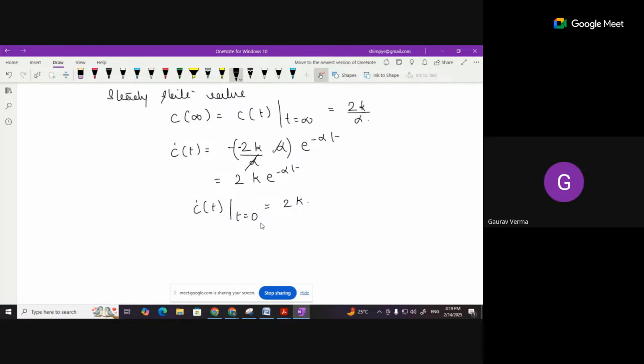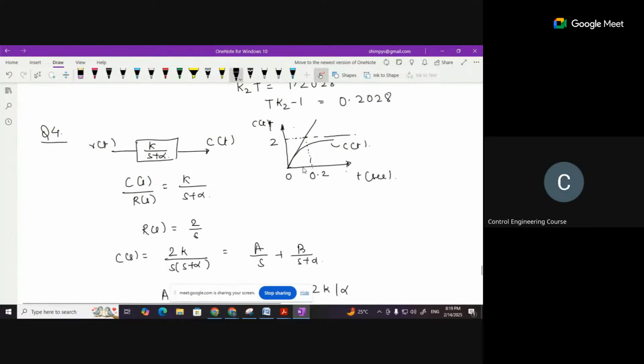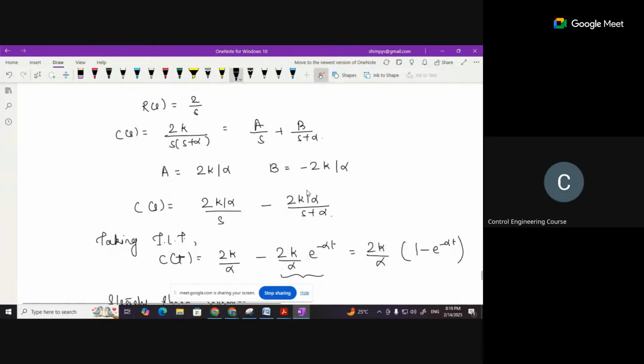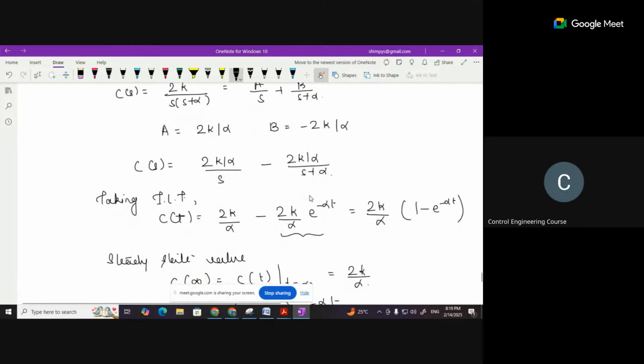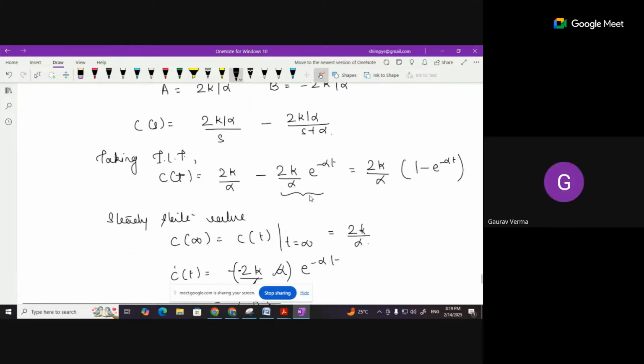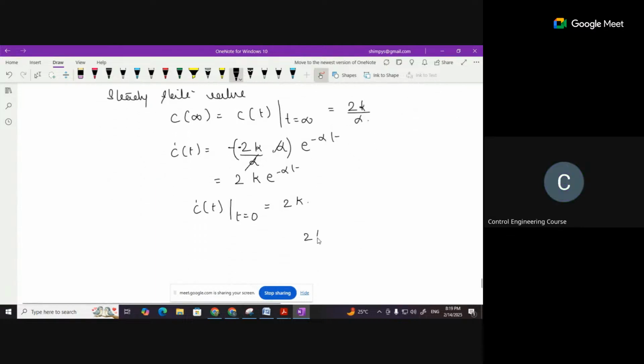And 2K by alpha, the steady state value, is equal to 2. So 2K by alpha is equal to 2. Also 2K is equal to 10, and K is equal to 5.